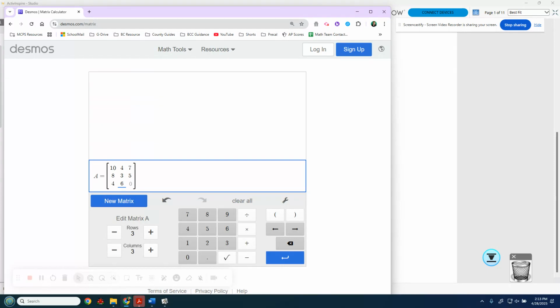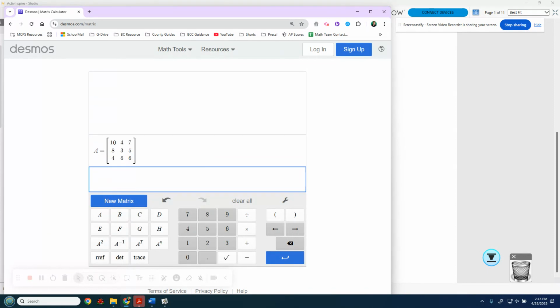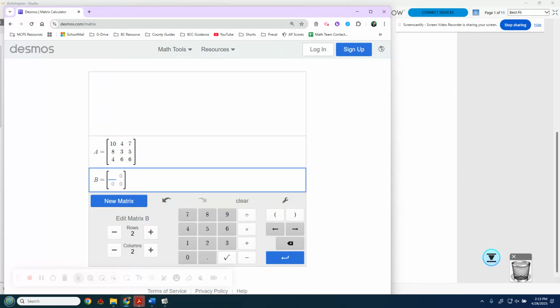So does everybody have matrix calculator up from Desmos? Is that good? Okay. And then he needs to enter another matrix. What were the dimensions of the other matrix? Well, no, we're not solving for ABC.